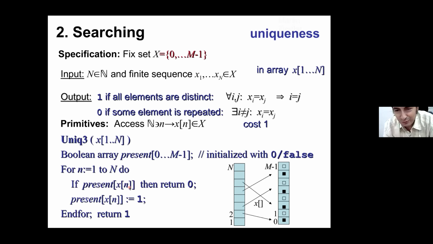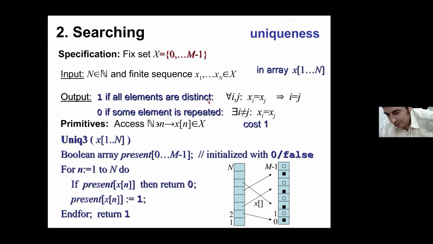We declared a database of booleans with indices in the set of values 0 to m minus 1, and present[x] means: was x previously encountered as one of these x_i?